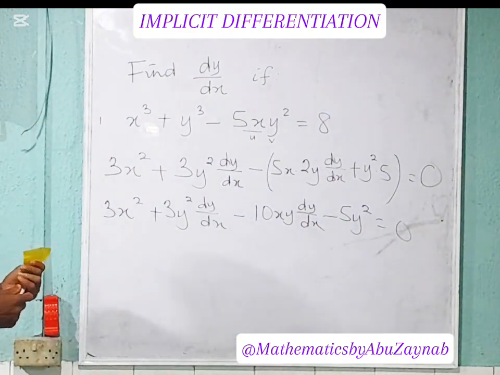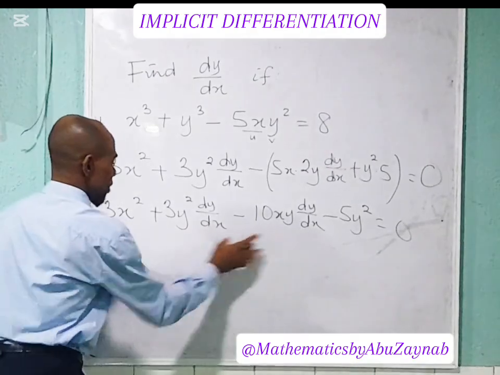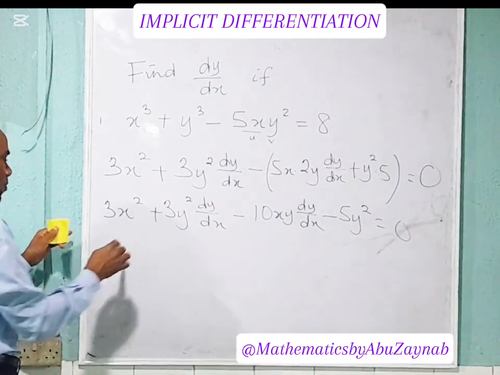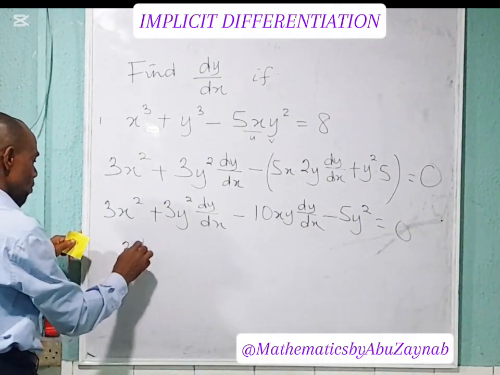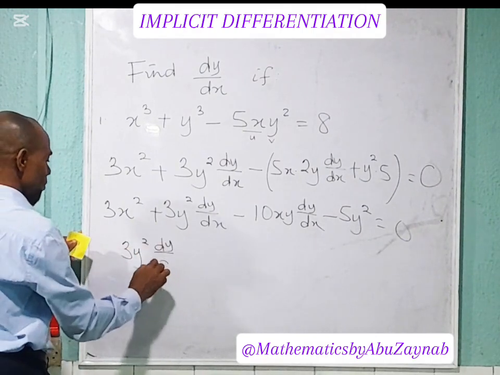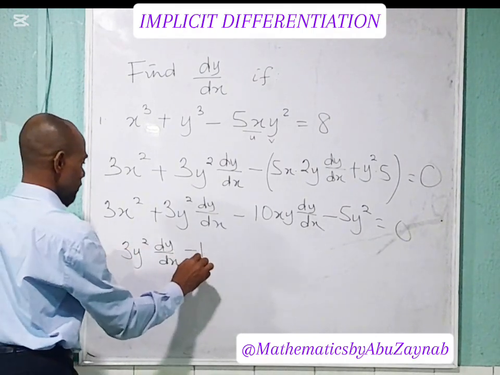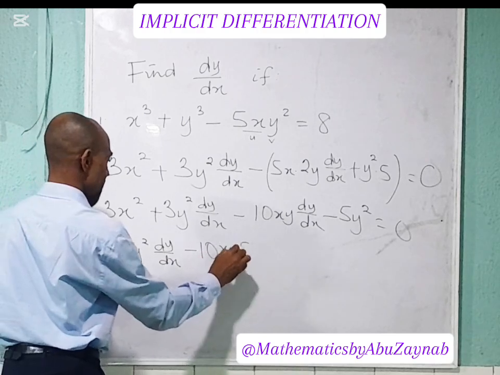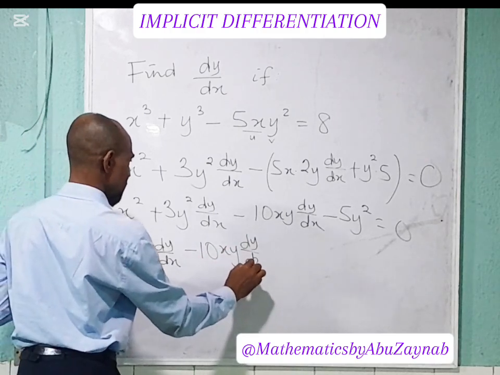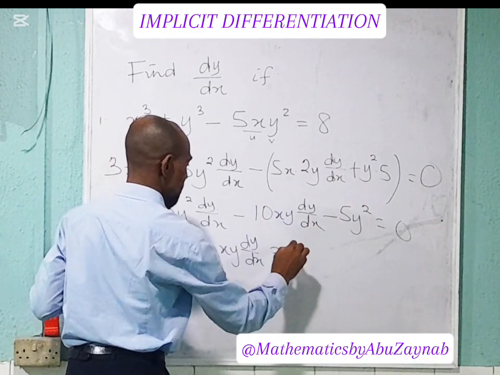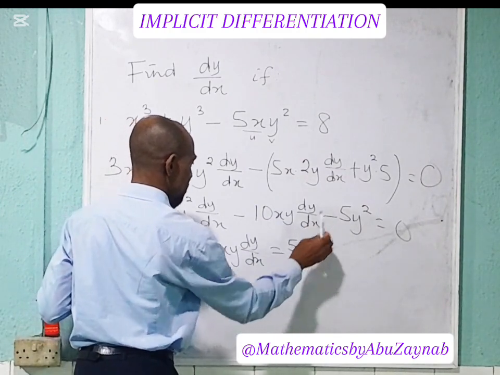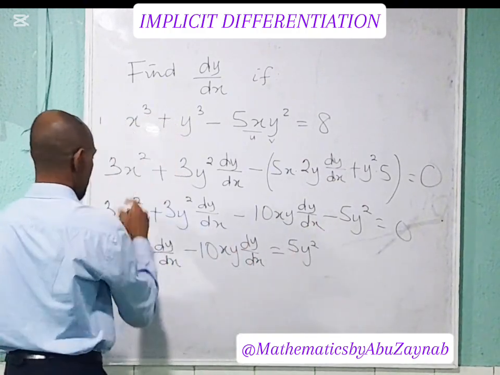That's simplification. Going further, I collect like terms in terms of dy/dx. So I'm going to have 3y squared dy/dx minus 10xy dy/dx equals 5y squared, because it's minus, it's going to become plus there.